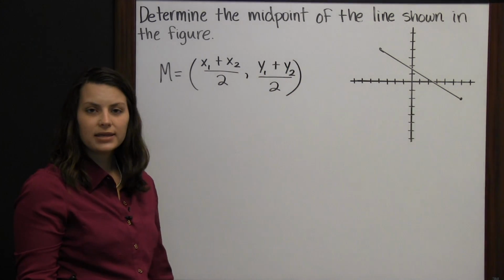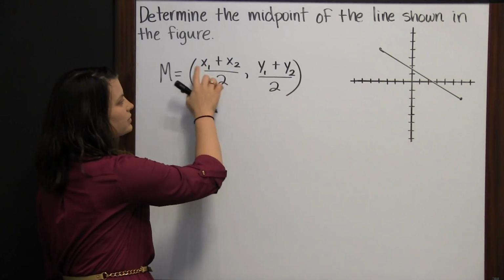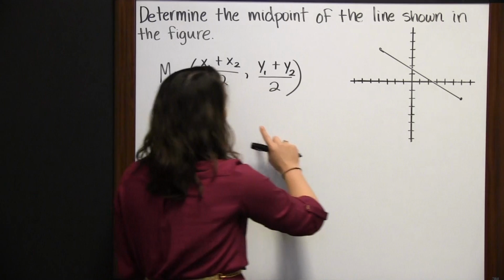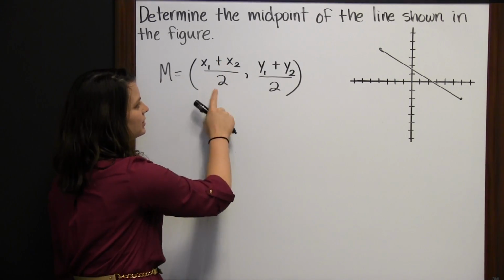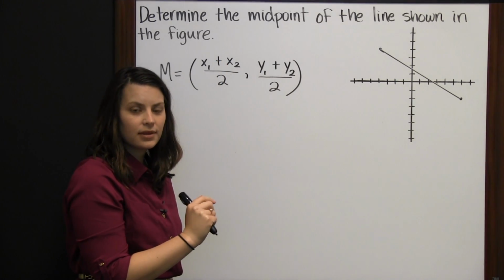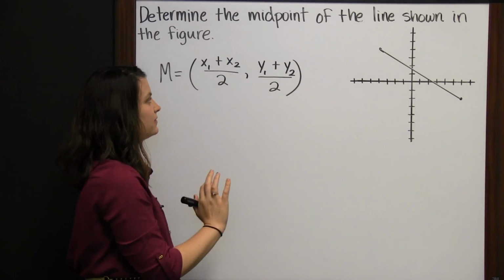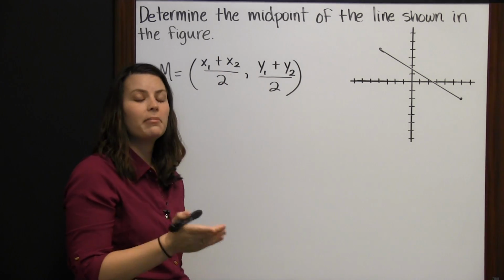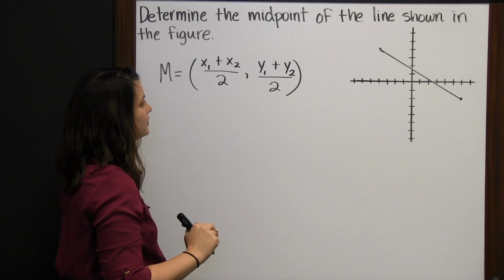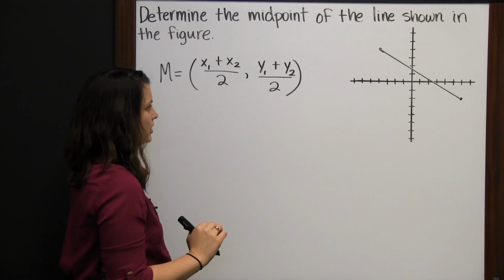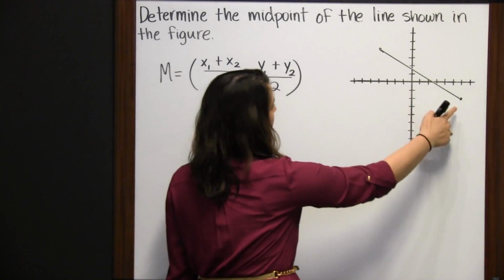So what you're doing is adding your two x coordinates together from the two endpoints and dividing that sum by 2, basically finding the average of the x values, which would be the middle of the x values, and then doing the same with your y coordinates of your two endpoints.